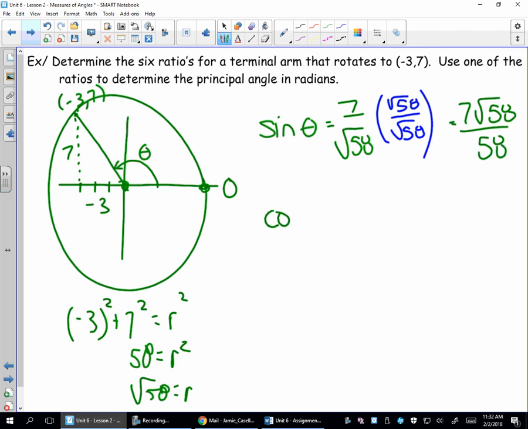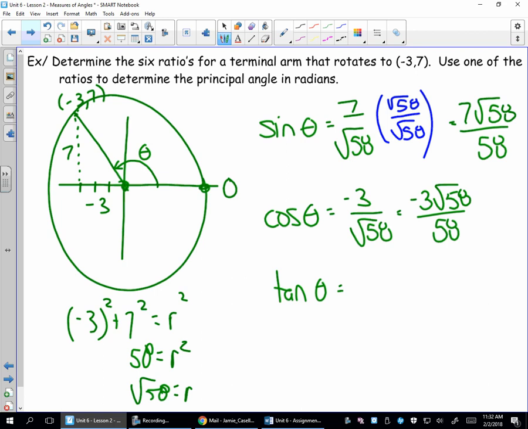And our cos ratio, it's x. X value is -3 over root 58. Do the same thing by rationalizing. The only thing that's going to change is the number out front. And then we got our tan ratio. Tan is y over x, which is 7 over -3, or -7 over 3.